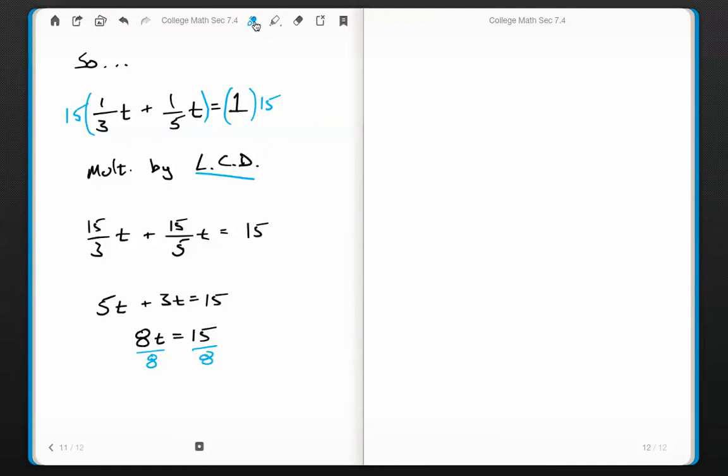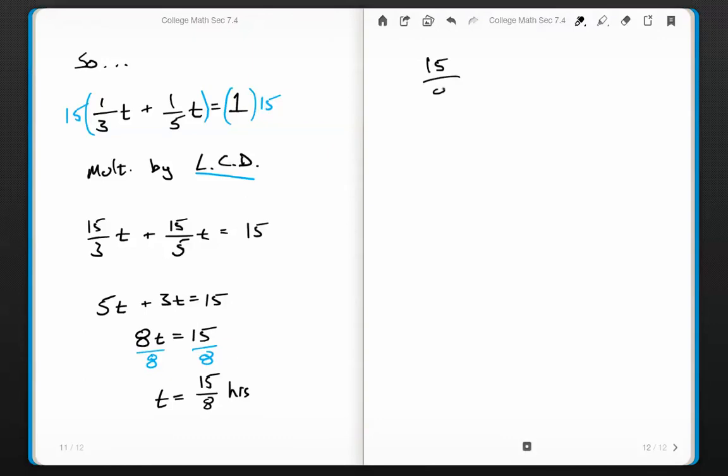So finally, I can say t equals 15 over 8 hours. What the heck is that? 15 over 8 hours, right?